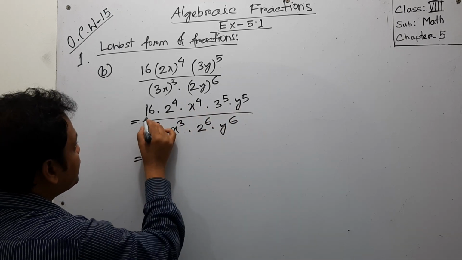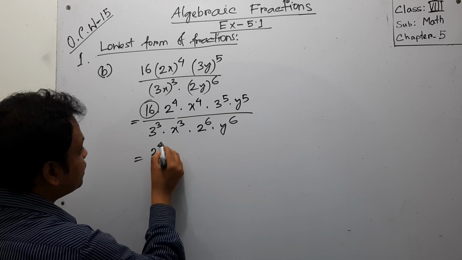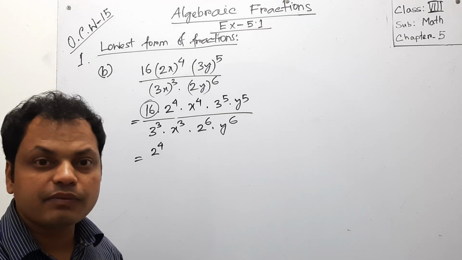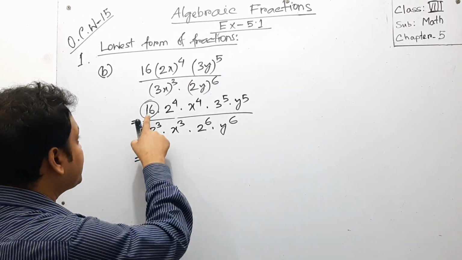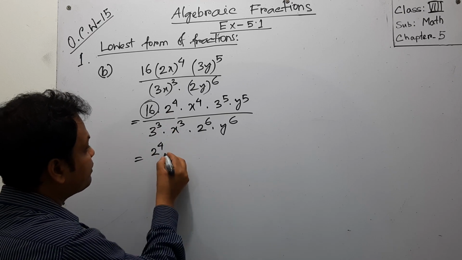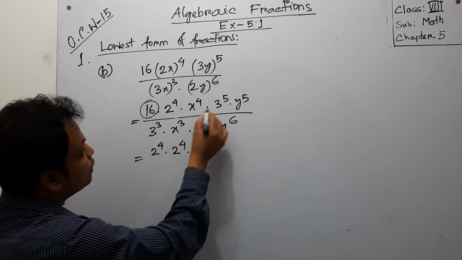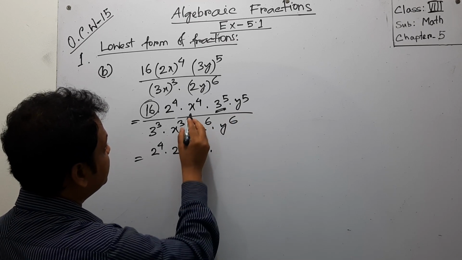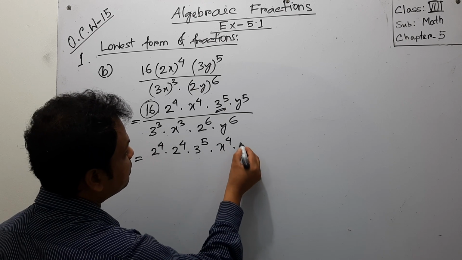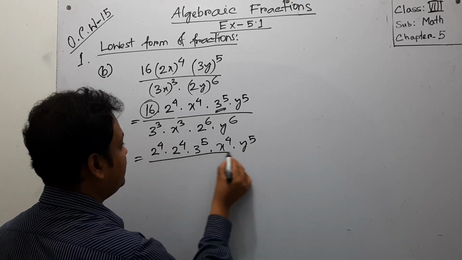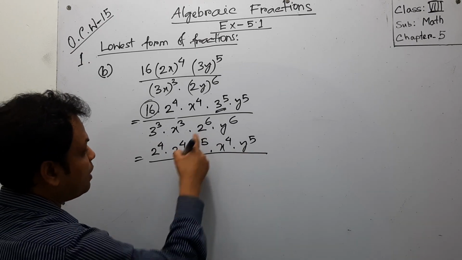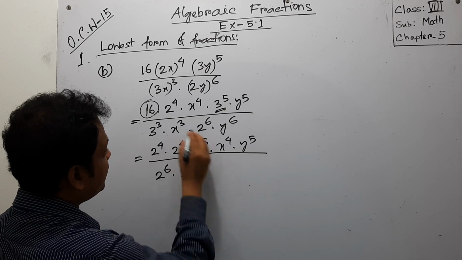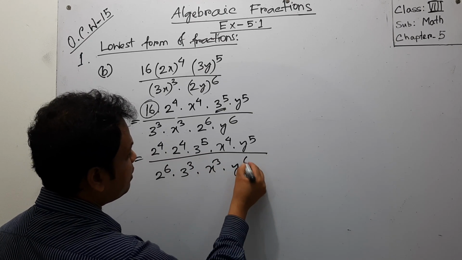We can write 16 as 2 power 4, since 2 multiplied 4 times is 16. Then we have 2 power 4, then 3 power 5, multiply x power 4, multiply y power 5, and in the denominator we get 2 power 6 into 3 cube into x cube into y power 6.